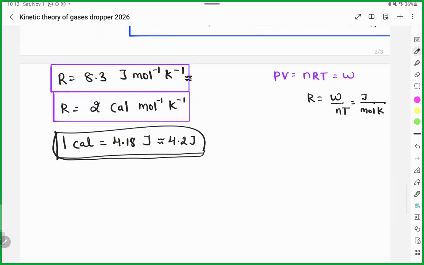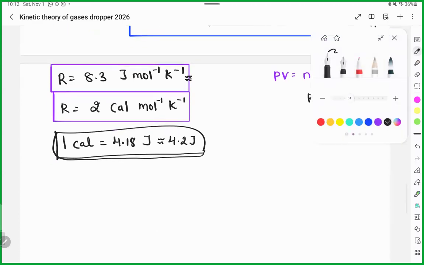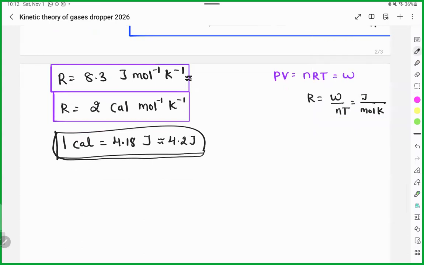Pratigya, you tell me what is the specific gas constant value? Pratigya, make it fast.